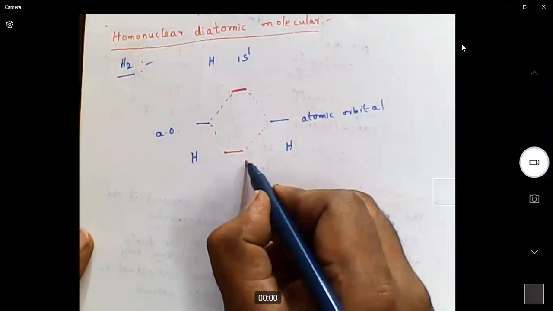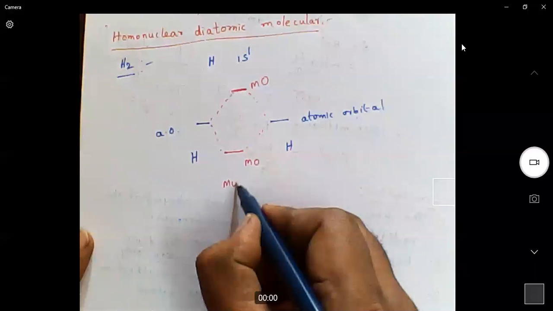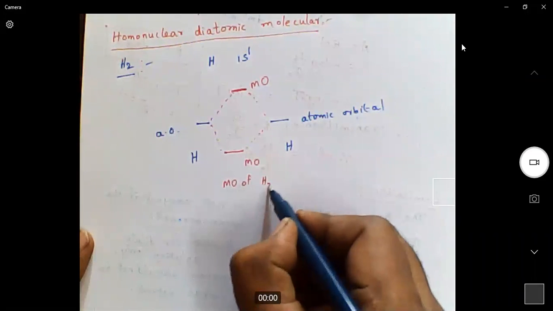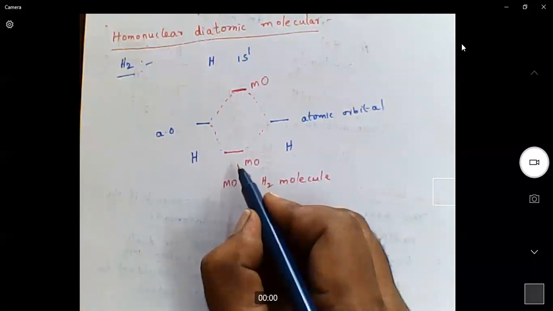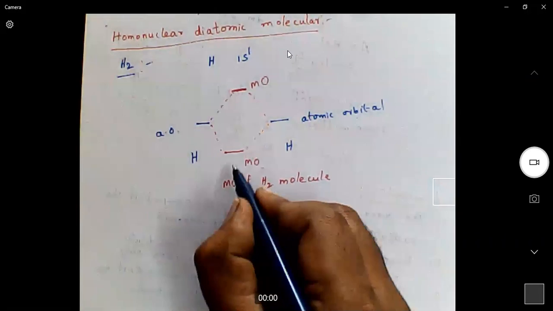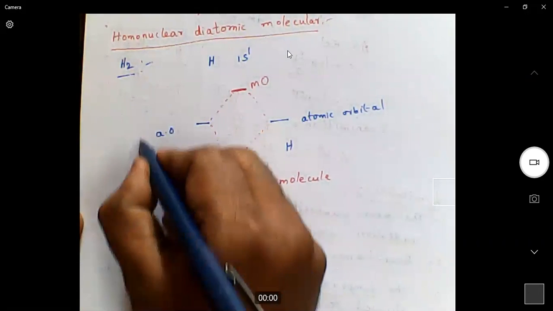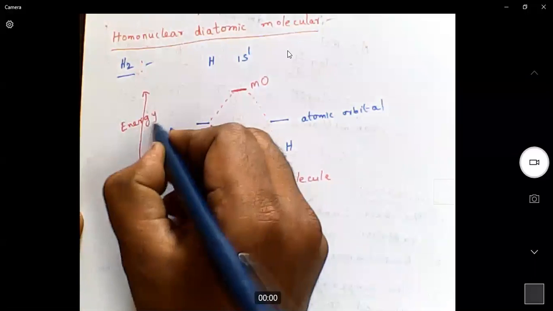This is called molecular orbital. These two are MOs of the hydrogen molecule. In the MOs, one will be of lower energy. You know this, it is the energy of the orbital.